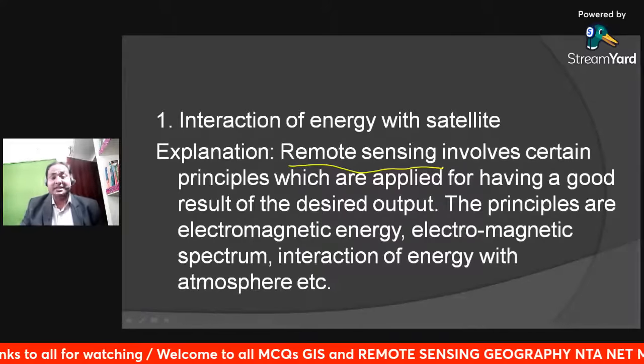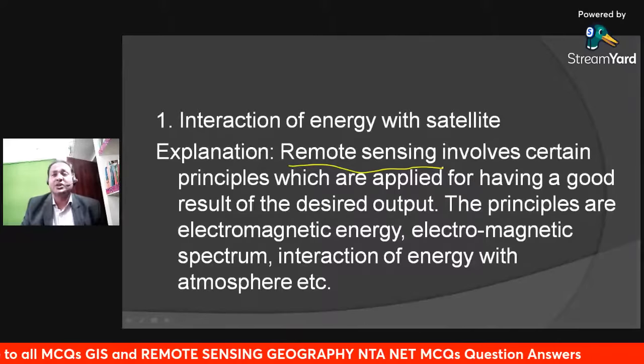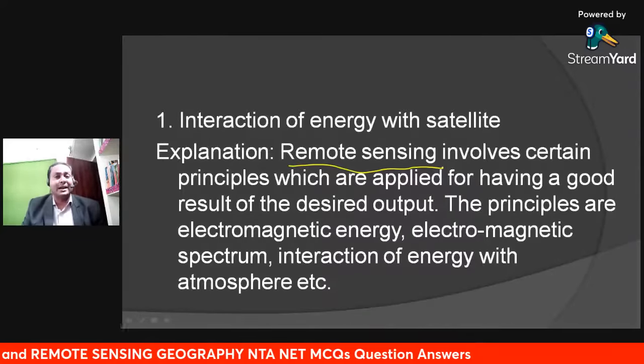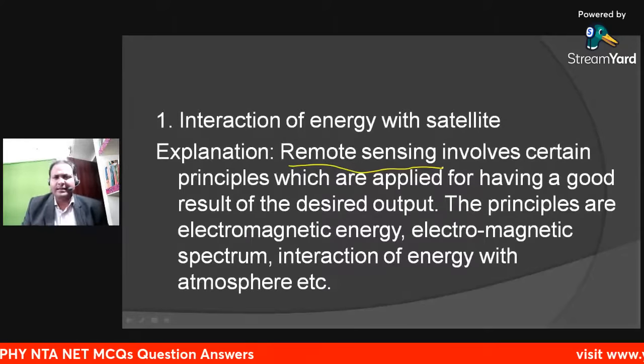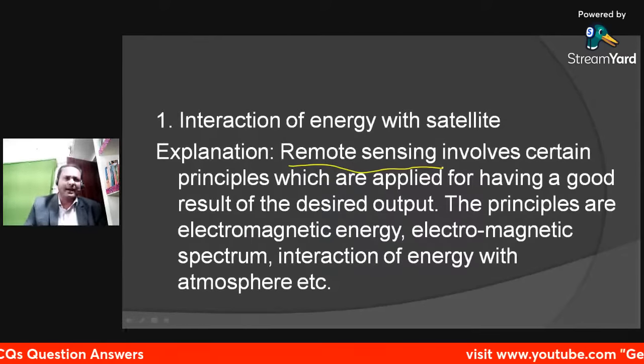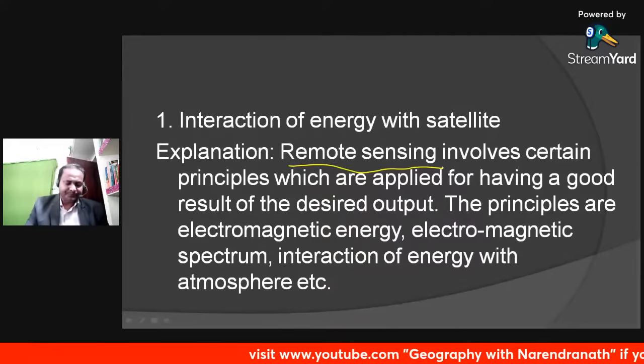The principles are electromagnetic energy, electromagnetic spectrum, and interaction of the energy with atmosphere. So option 1, interaction of energy with satellite, is the correct answer.